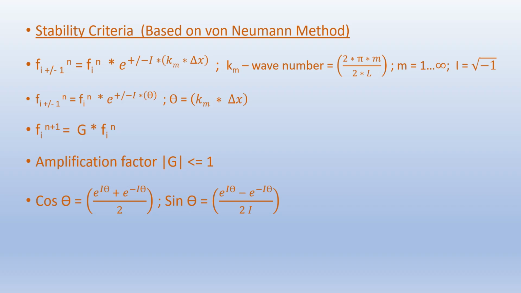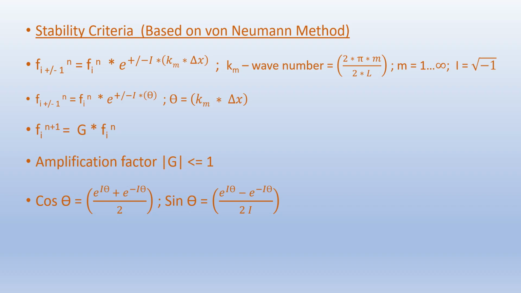According to the von Neumann method, if we have f(i±1)^n, we represent this as f_i^n times e^(±I km delta x).